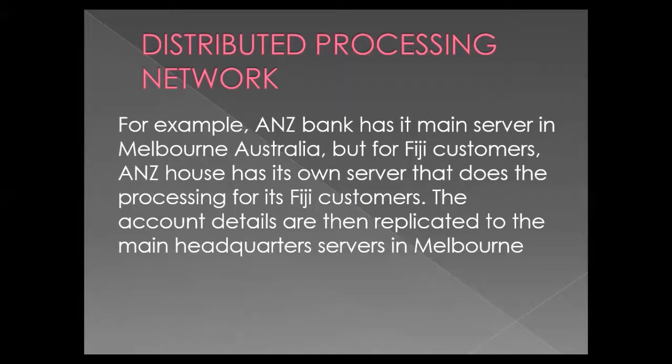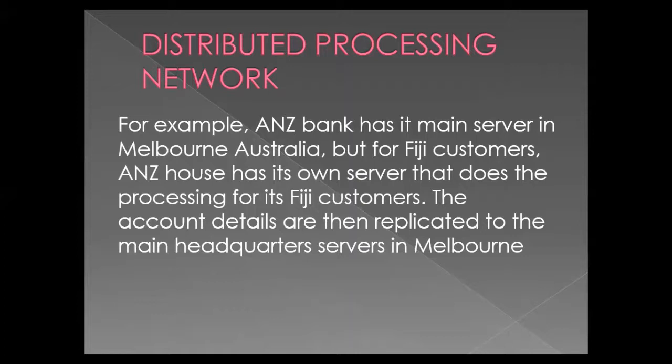But for Fiji customers, ANZ House has its own server that does the processing for its Fiji customers. So the other server is in Suva, in the ANZ house, and that server is also linked to the server in Australia. So the main server is in Australia, and it is linked to that server.